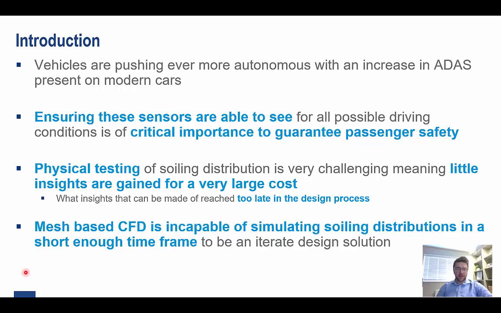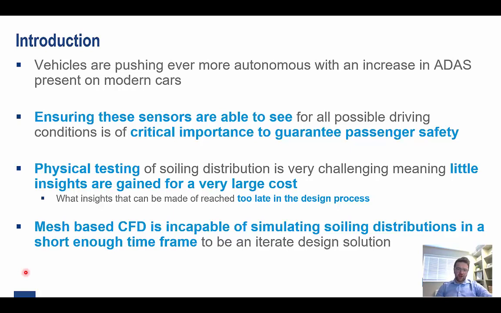Now, if the sensor can't see, then the car isn't able to adjust the driving, see hazards coming, and ultimately this puts the passenger's safety at risk. Obviously, we want to avoid this at all possible costs.